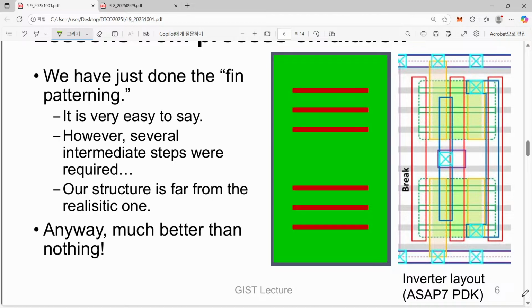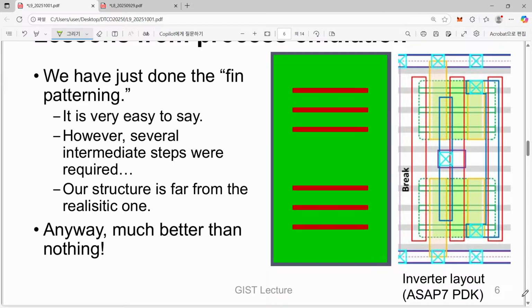When you make a comparison, you can understand we made this fin patterning and STI is filled. However, we have more structure to be implemented, so that is also content in our today's lecture. Okay, so that is the one we will consider.